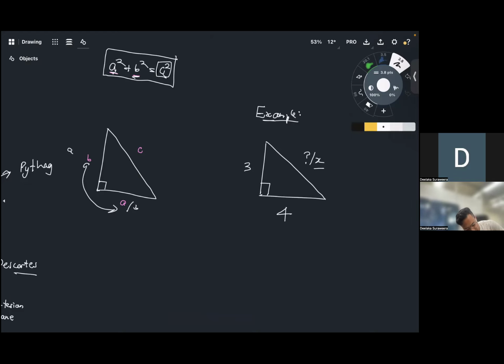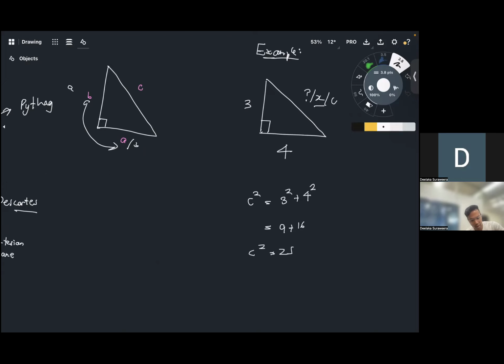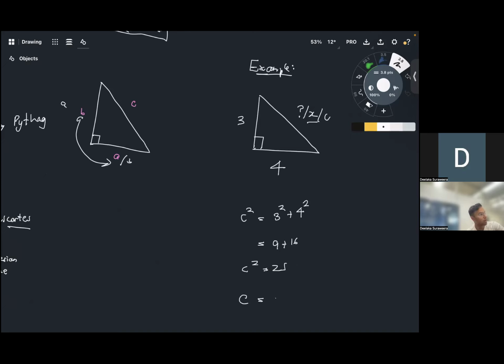So say x or c, you can do whatever, right? c squared is 3 squared plus 4 squared. That's 9 plus 16, 25. And c squared is 25. That means c is 5.